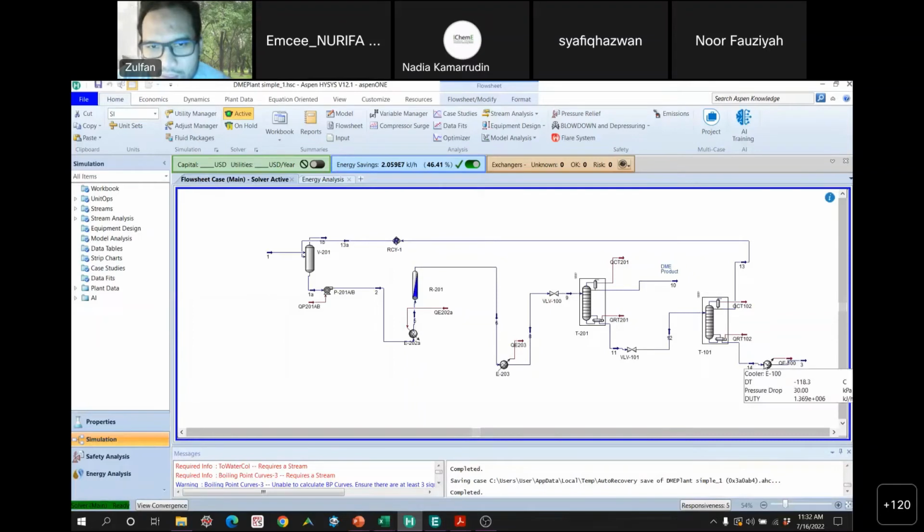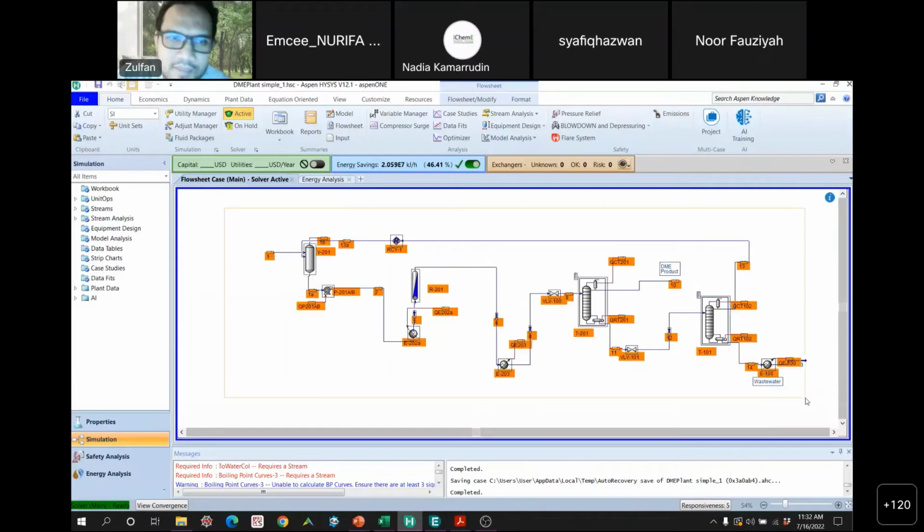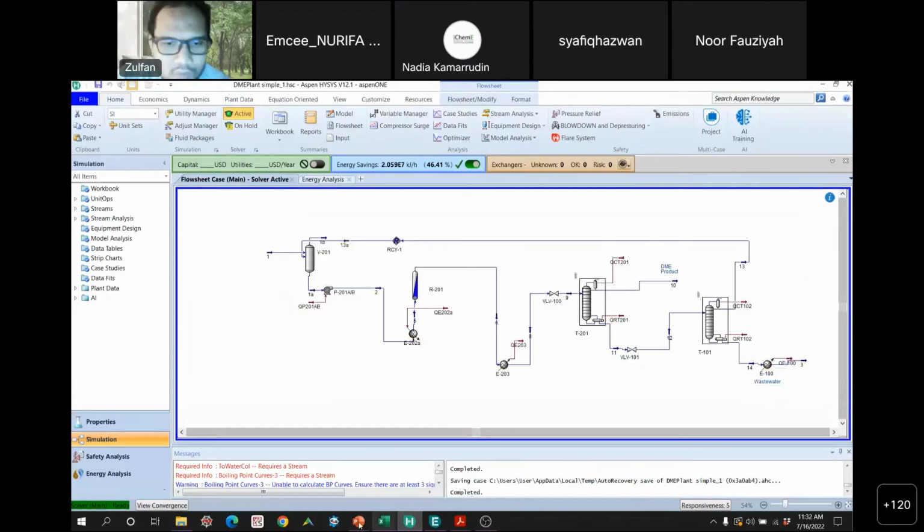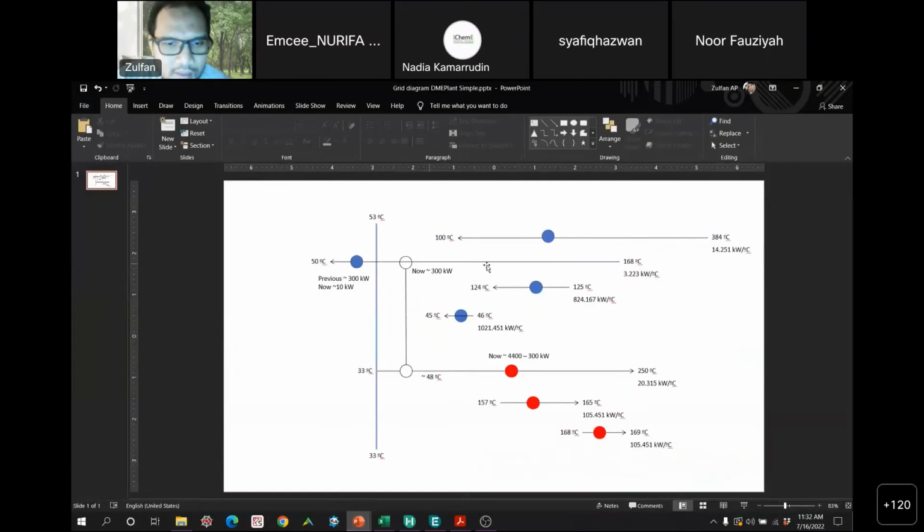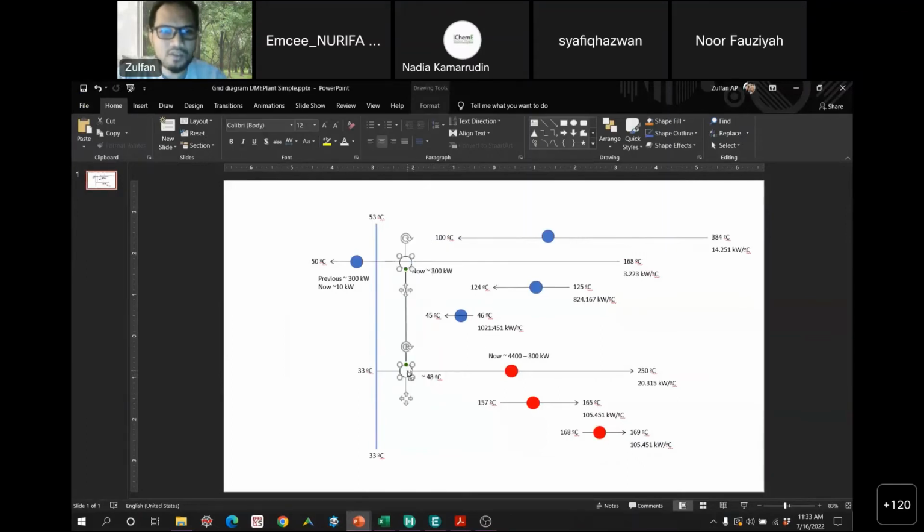But in our case, the grid diagram tells you that you can use this directly, but you could also use this, because it is at a lower temperature than that one. By looking at flow sheets like this, we may miss this, but if we look at the grid diagram, you know that this guy is more suitable at least at the lower part of this stream, and at the higher temperature part you can use the other stream.